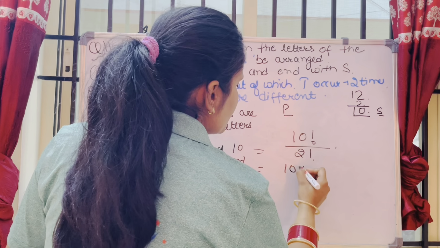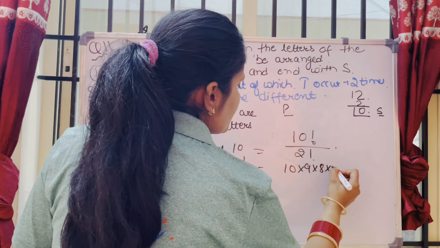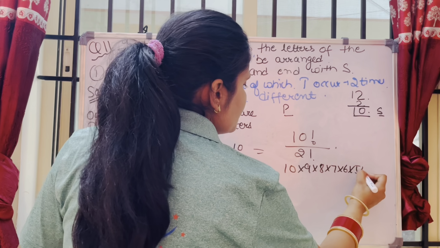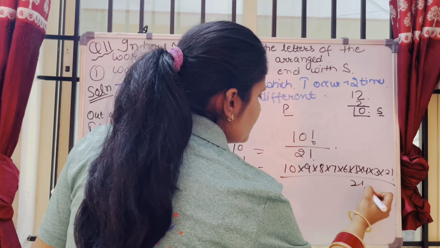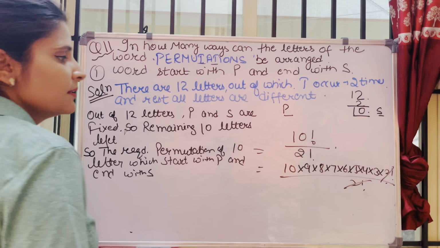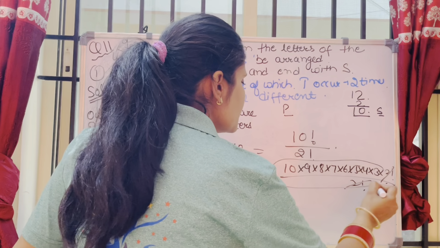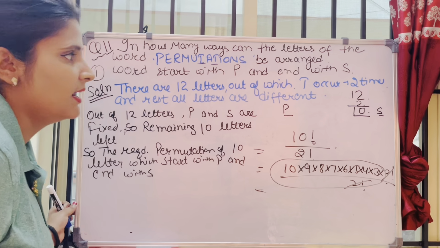So 10 into 9 into 8 into 7 into 6 into 5 into 4 into 3 into 2 factorial upon 2 factorial, they cancel out each other. Then after all the multiplication, we will get the answer.